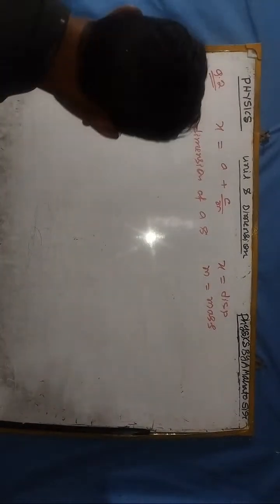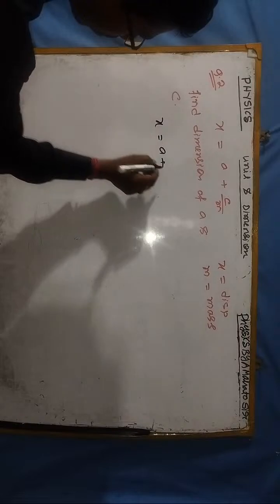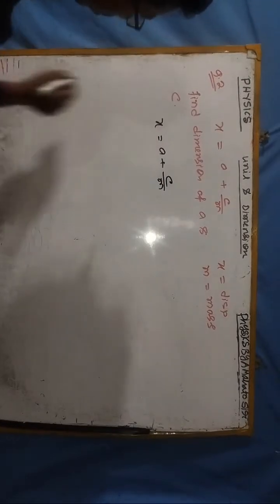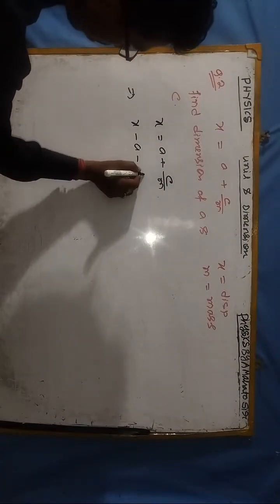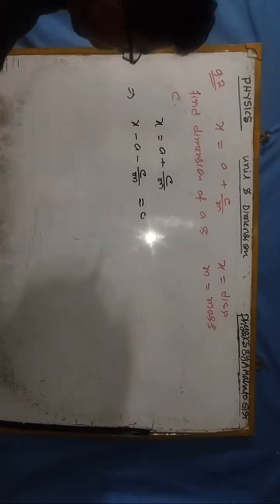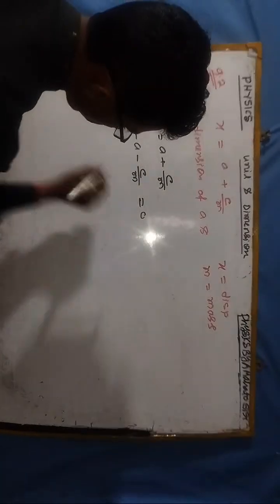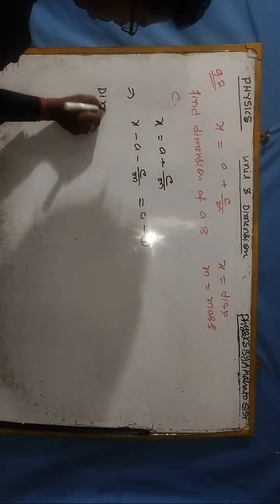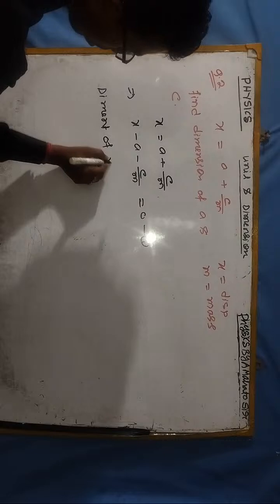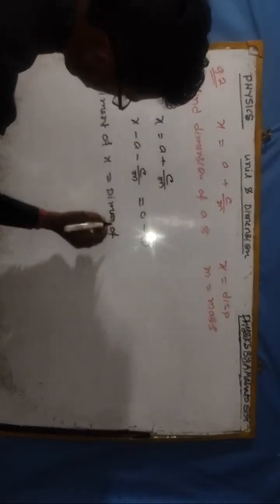The given equation is x equals a plus c by m, so x minus a minus c by m equals 0. Now the dimension of x equals the dimension of a.